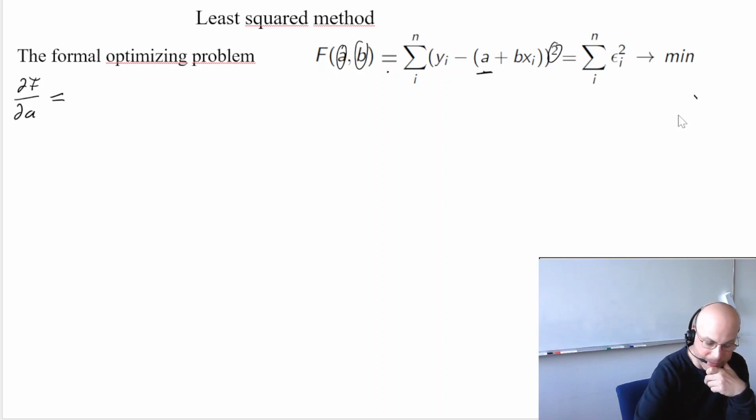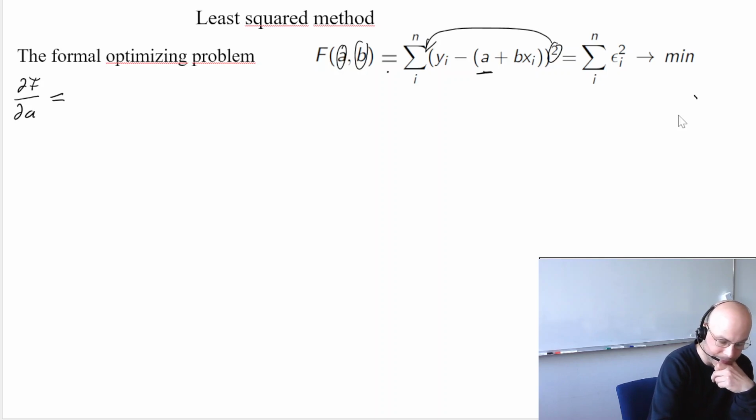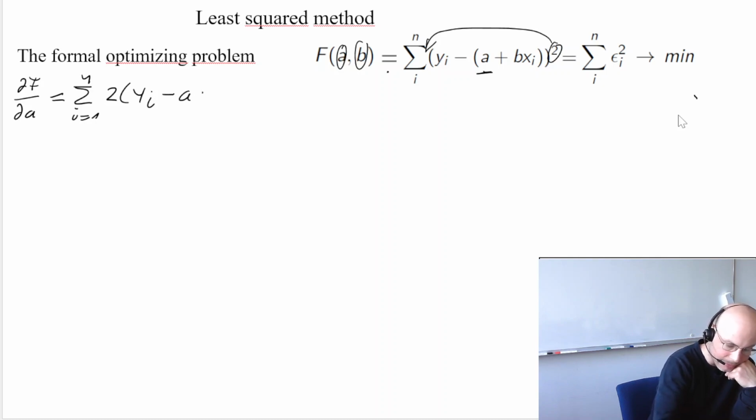So at first, we have to take the 2 in front. This means the sum over i from 1 to n, 2 times yi minus a plus b xi.